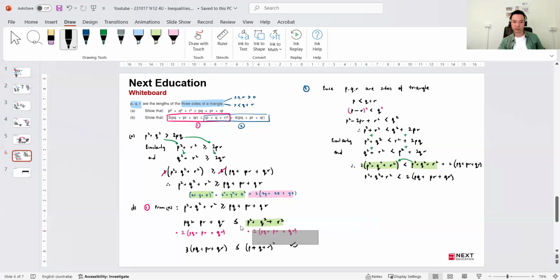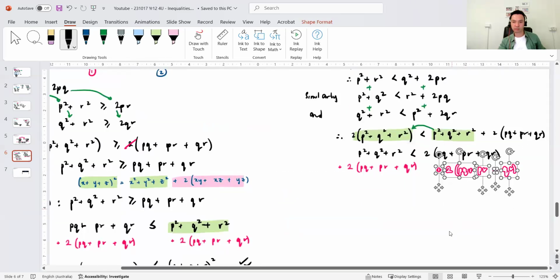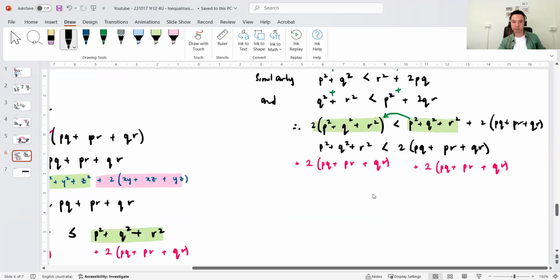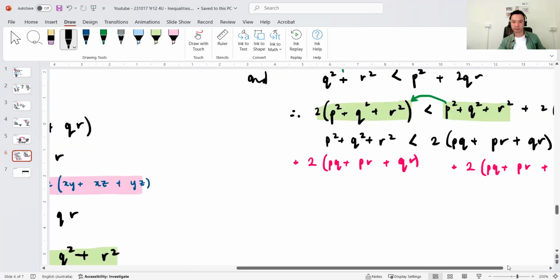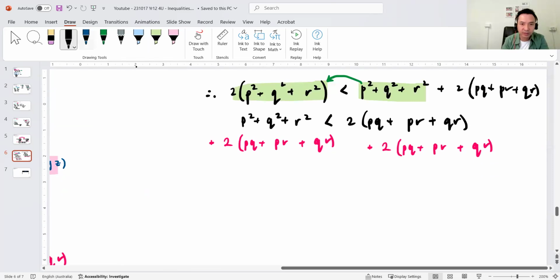Perfect. And I'm just going to borrow this pink line to add to both sides, right? Okay. So once I do, that becomes a perfect square. And then this side, 2 of these plus 2 of these, 4 of them.